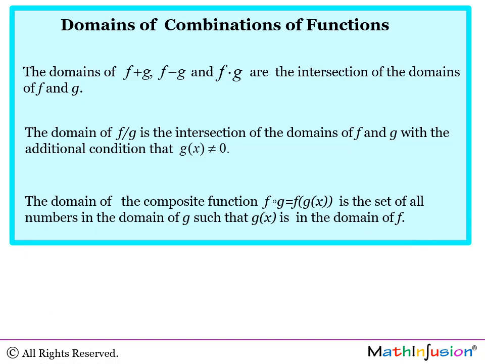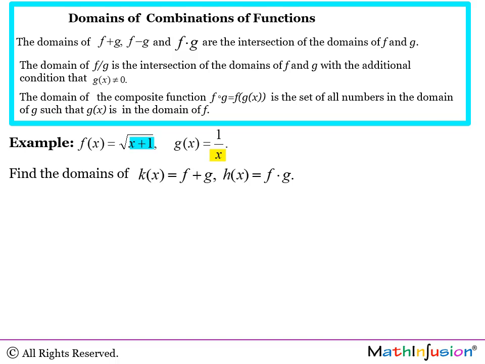The domain of the composite function f composed with g, or f of g of x, is the set of all numbers in the domain of g such that g of x is in the domain of f. Most of the complications that we are going to see are when we are combining more than one function together.